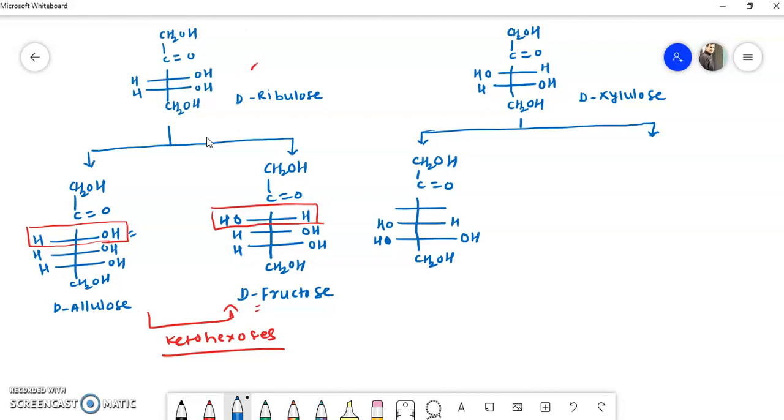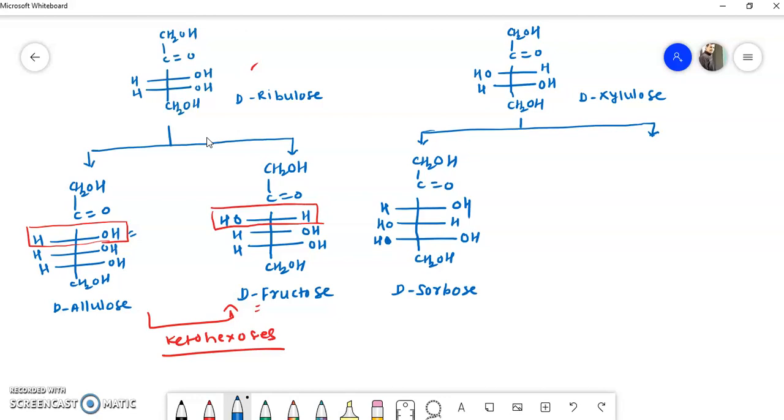Here there will be H only. On this side there will be hydroxy group, here there will be H group. So the name of this compound is D-sorbose. Remember, this is D-sorbose.